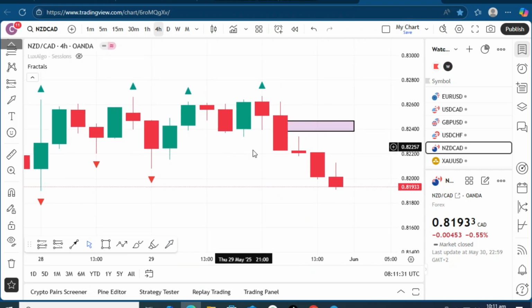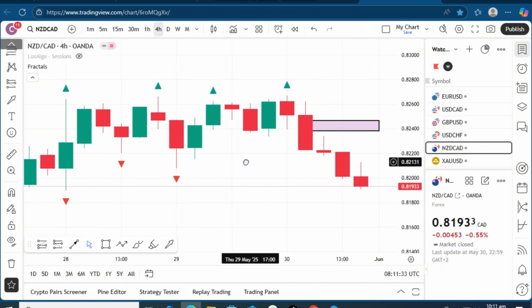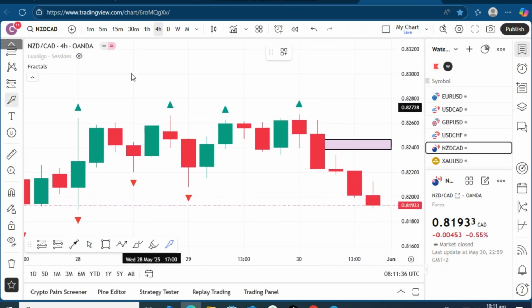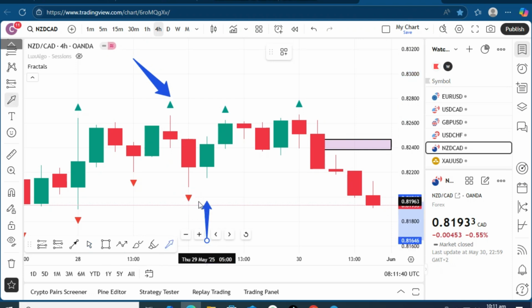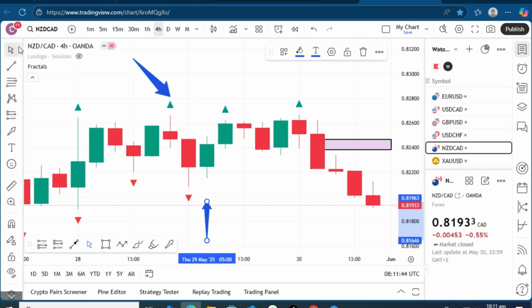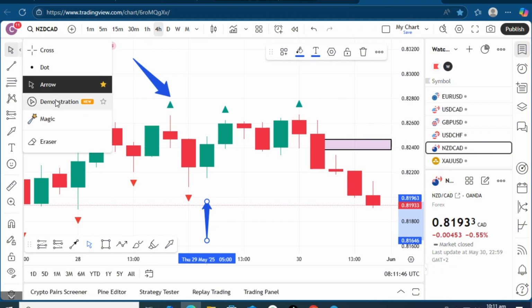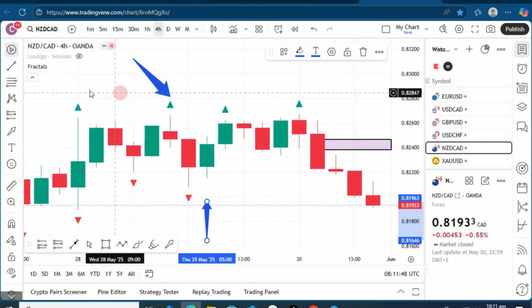Once you get to fractals, you're just going to look at these arrows over here. These arrows actually tell a very big story. If the arrow of the fractal is up here like this one, it means that price is going to be dropping.